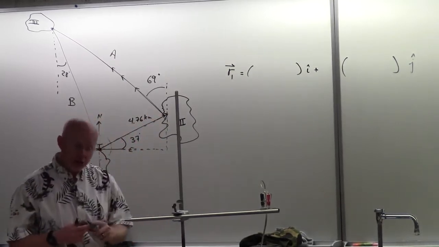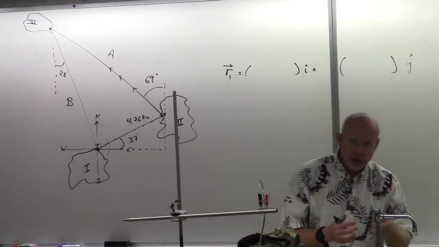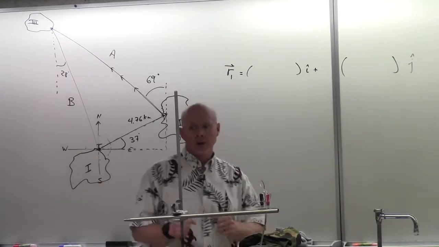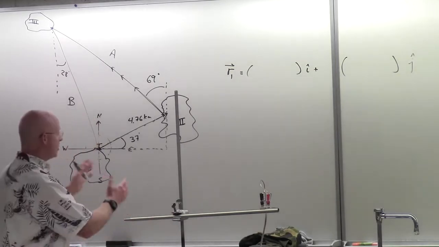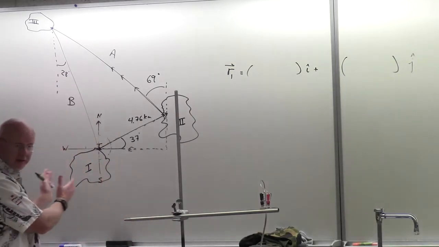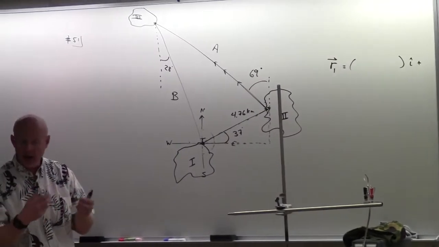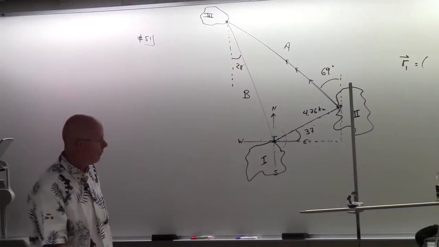So again, notice the description is given to us in polar coordinates. I'm converting it first into Cartesian coordinates. Why? Because as you move, you've got to put x's with x's and y's with y's. And so I have to know how much of this motion is in the x and y components, not how much is in the polar one.